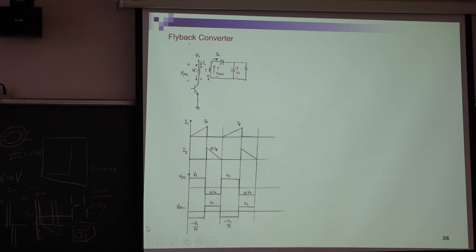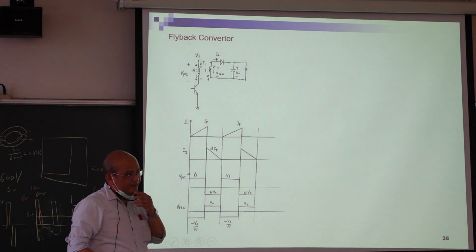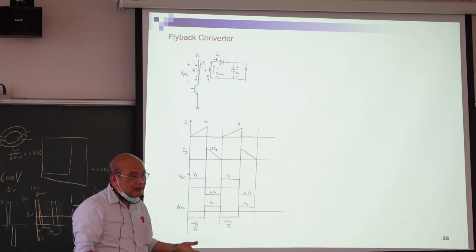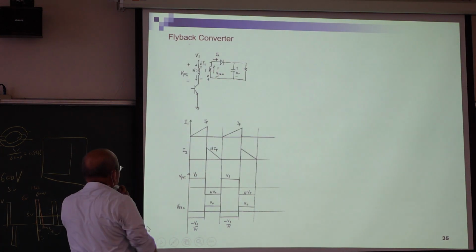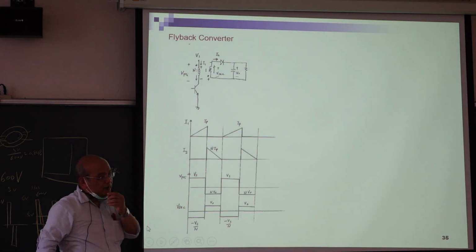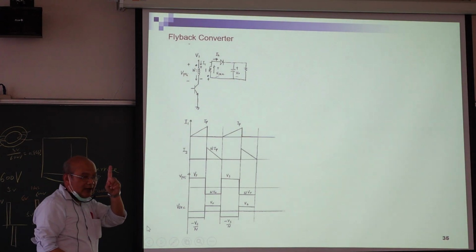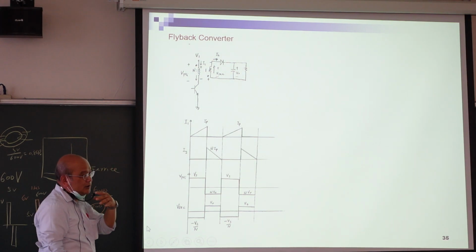So we skip this. So how about if your boss says it is too expensive? Can you develop a cheaper charger, right? A cheaper charger. Then you go back to propose this one. If you propose this one, how many devices do you need? 1. Before, how many? 4, right?